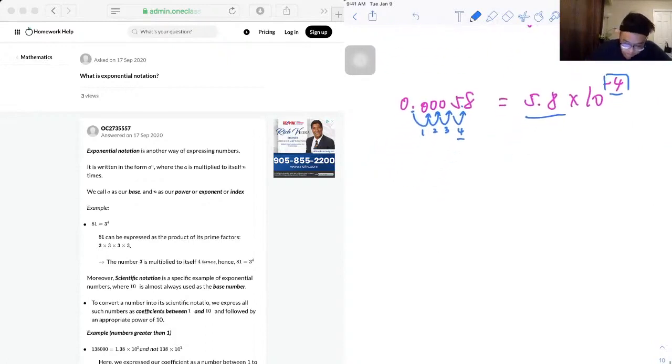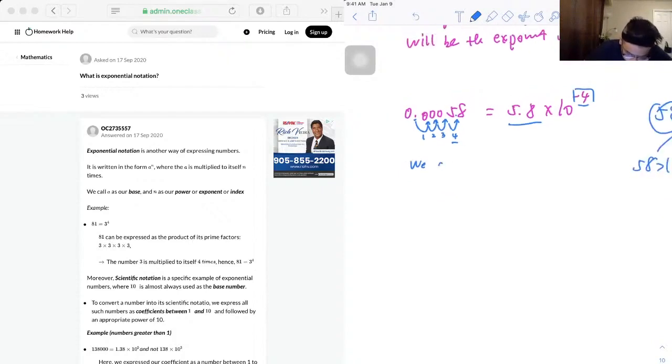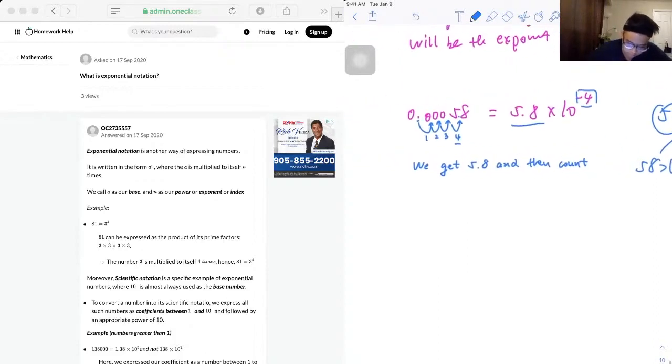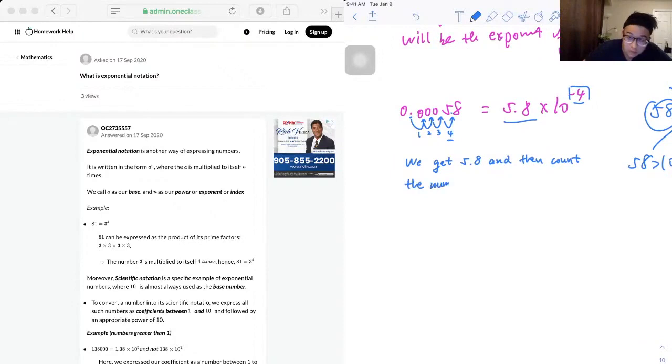Alright, so I'll write this down. So we get 5.8, and then count the number of decimal places from the original location of the decimal point.